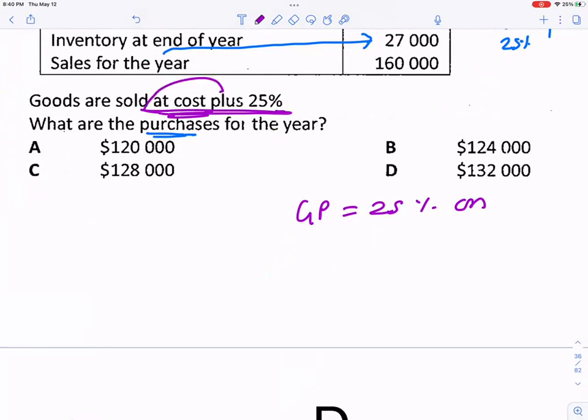Gross profit is 25% on cost or on sales? On cost, now whatever is the cost, they are adding 25% on that. So gross profit is 25% on cost.